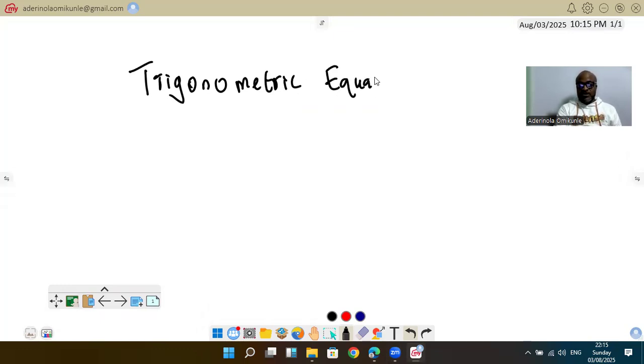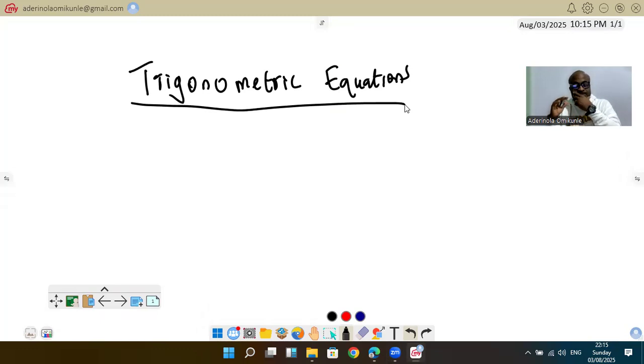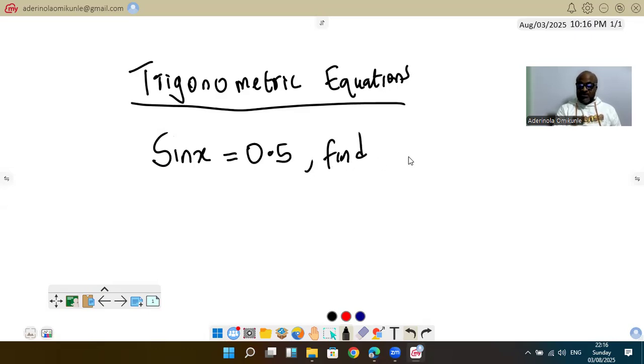The very first thing I'm going to say is that the steps in solving a trigonometric equation are basically the same as solving a normal equation or a simple linear equation. Take for example, if I say sine x is equal to 0.5 and then I say find angle x.